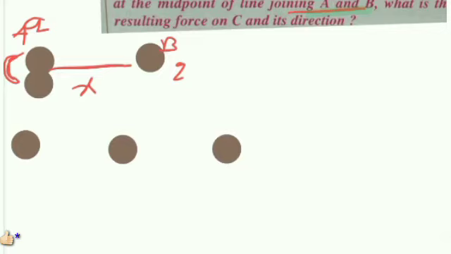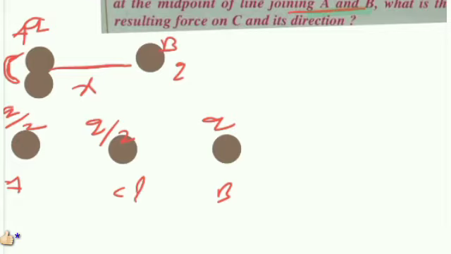This is A, this is B, this is C. Now Q by 2 charge here, this is also Q by 2, this is also Q. What is the force on point C, you are asking, and its direction.